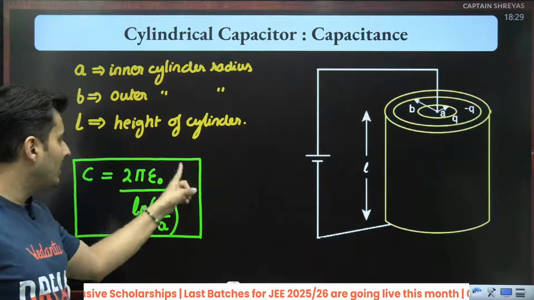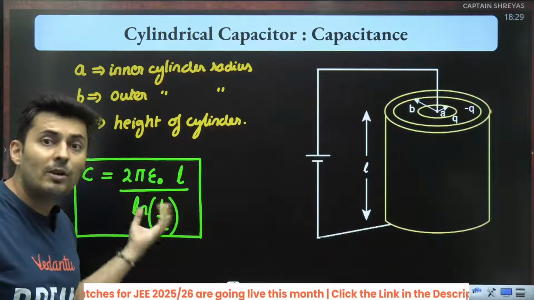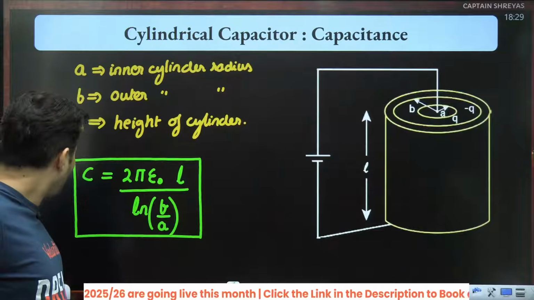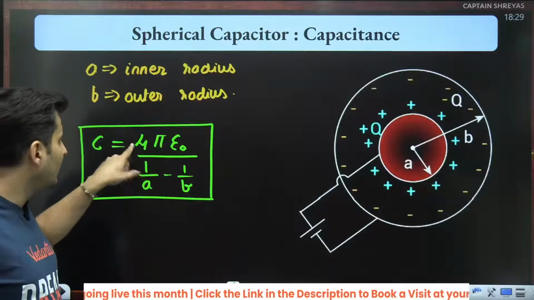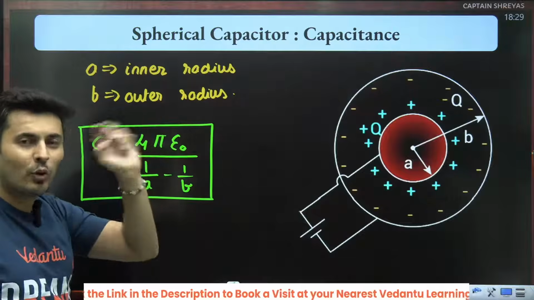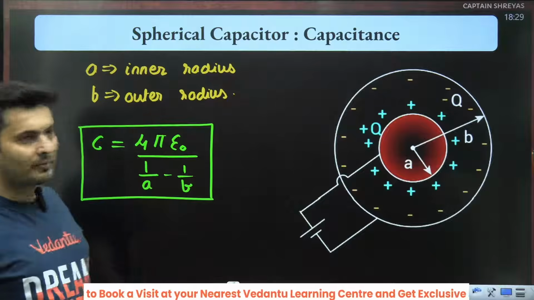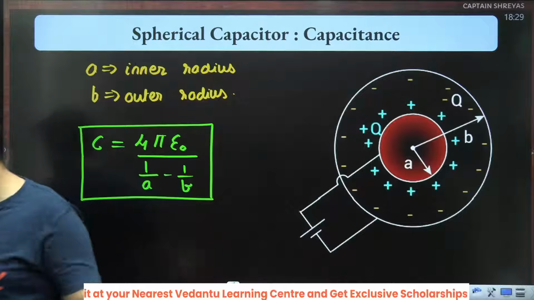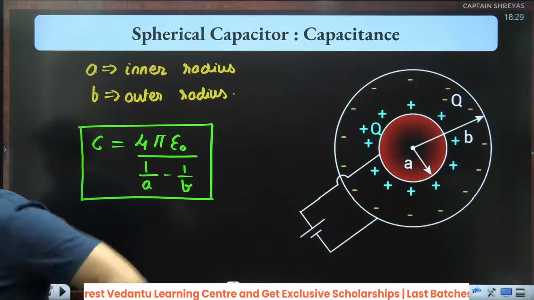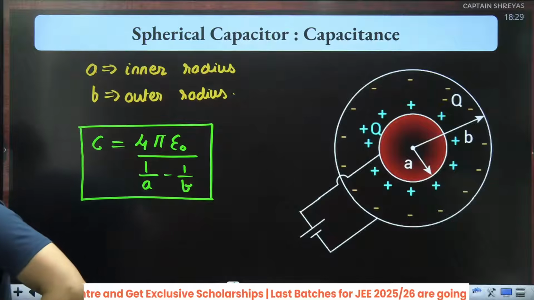So cylinders have log. Remember that. And lastly, you have spherical type, which is 4 pi epsilon naught because it's 3-dimensional. So 4 pi came because of the sphere. So 1 by A minus 1 by B. That is the formula for it. If you remember this much, it will help you a lot for solving many questions. Okay, fair enough, guys. Shall we go ahead?